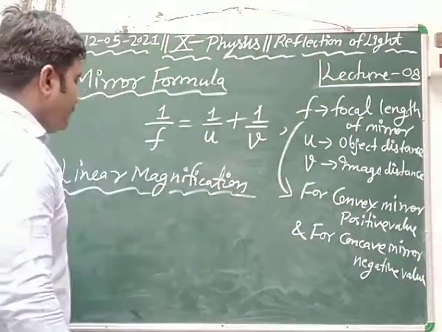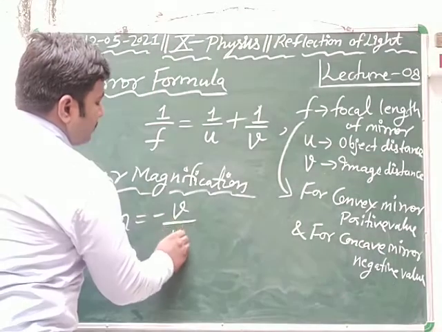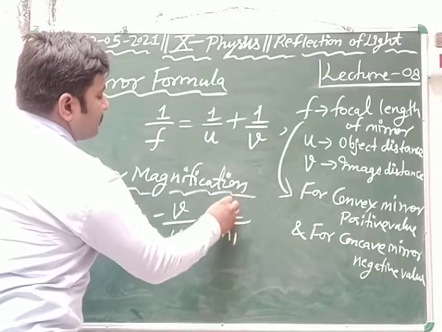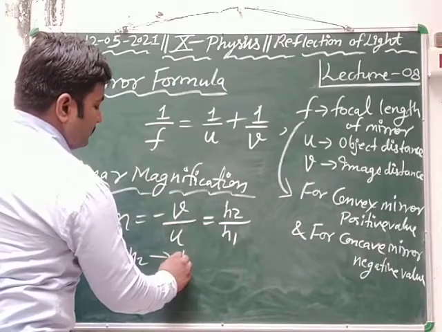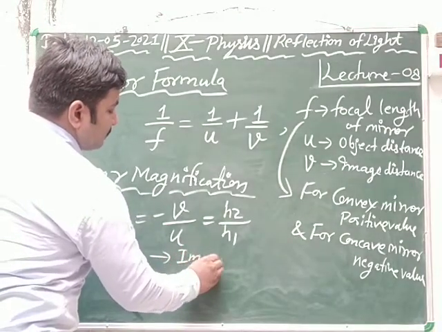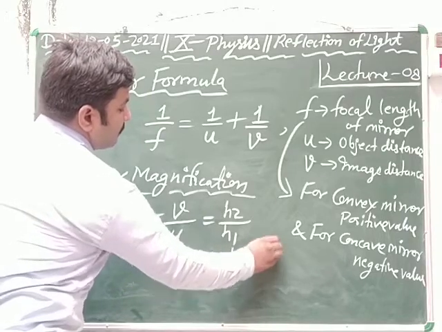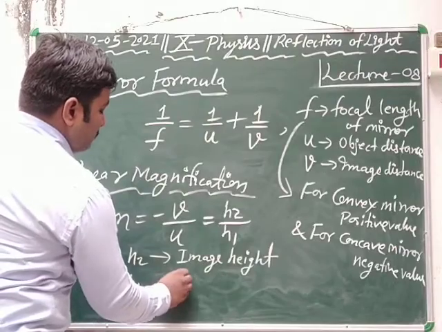Just see, M is equal to magnification, minus V upon U is equal to H2 upon H1, where H2 is the image height and H1 is the object height.